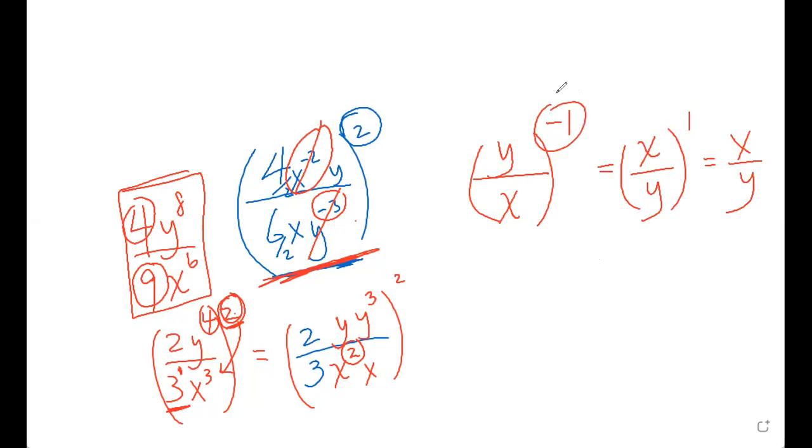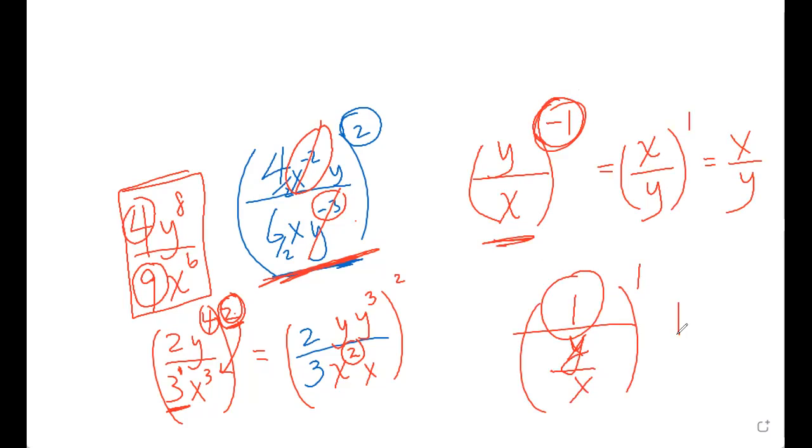Now remember, we said earlier, when you have a negative exponent, all you got to do is take this and put it into the denominator. All right. And then it's supposed to become positive 1. But what is 1 divided by y over x?